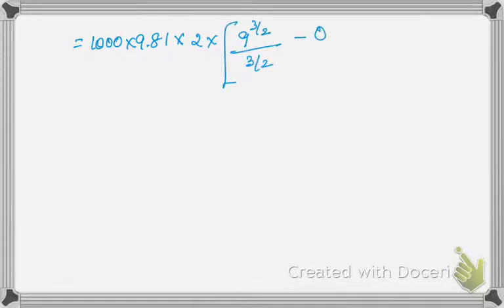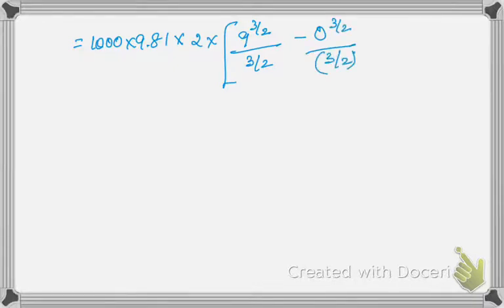So when I get this value, I am substituting it: 1000 into 9.81 into 2 into, instead of y I am substituting, 9 power 3 by 2 divided by 3 by 2 minus 0 power 3 by 2 divided by 3 by 2.